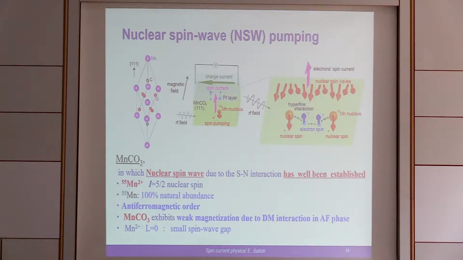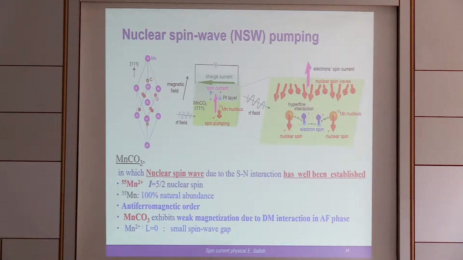And in this material, divalent manganese is a good ion, because the manganese divalent ion has a very large nuclear spin, 5/2, and it has 100% natural abundance. And it exhibits an ordered phase and exhibits a weak ferromagnetism due to the DM interaction in the ordered phase.